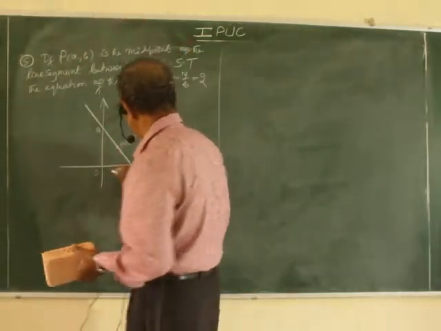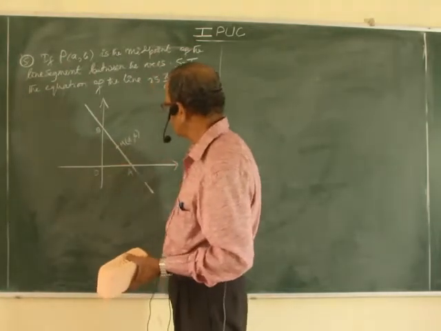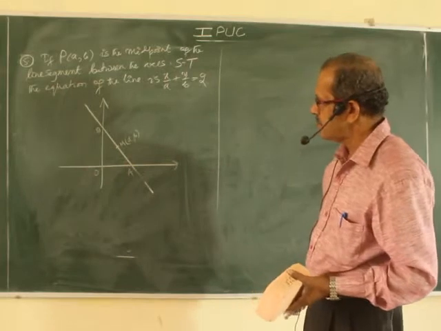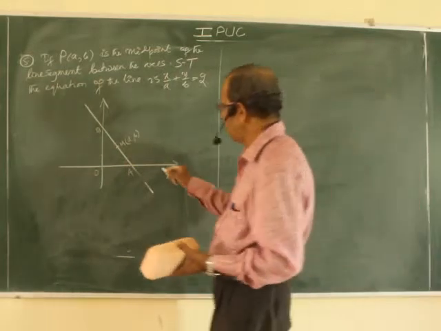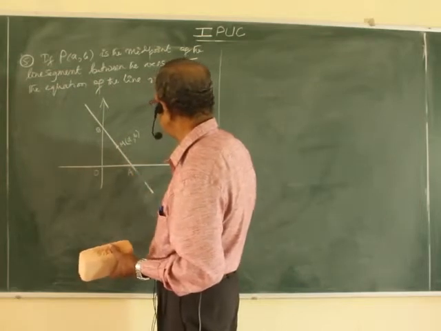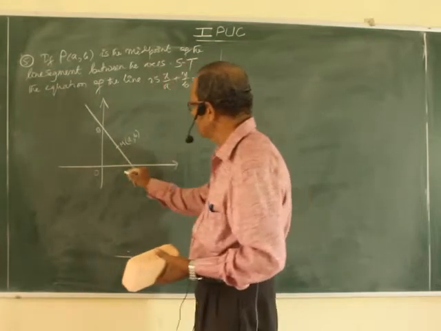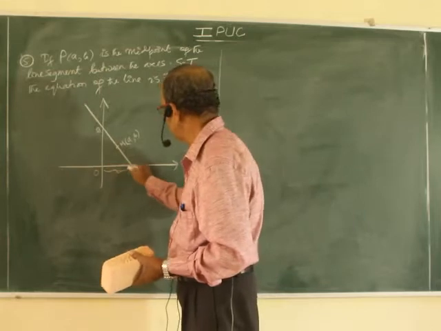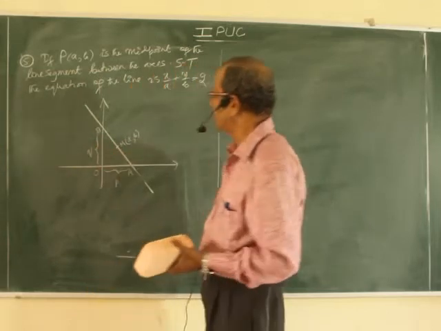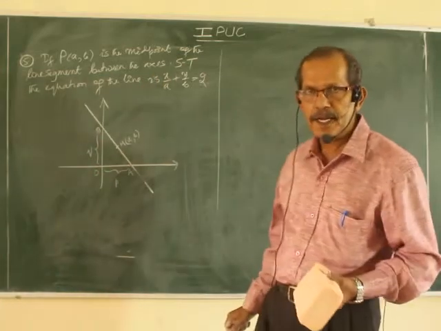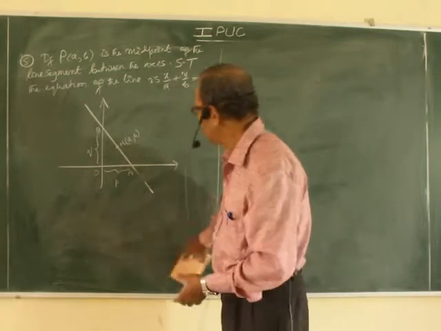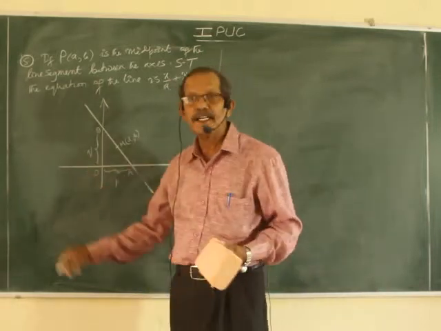Here I have to take this one as P. There are actually two methods you can find. First one is, you can obtain the point A, this one is P, this one is Q. X and Y intercepts, even though they are not given, you consider them as P and Q. Because if you know P and Q, you can write the equation.